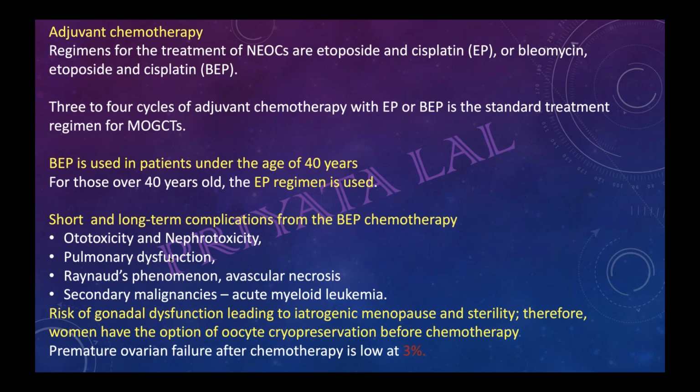This number may be important because you will get this number in the next class also, when I'll be speaking about the rest of the talks. So this number is important. What is the premature ovarian failure after chemo? Only 3%. This is a sum up of whatever was given in the talk.